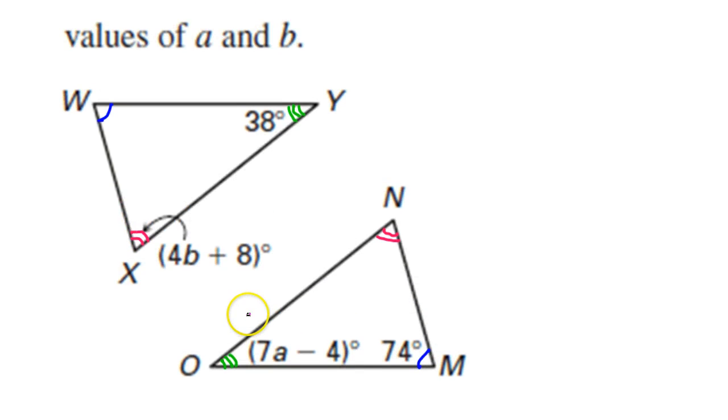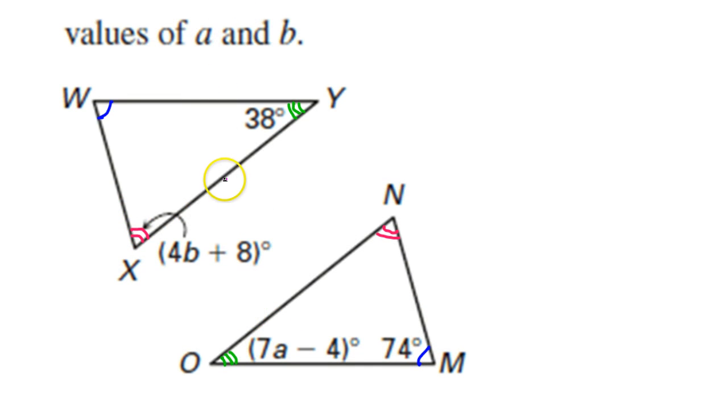So for example, if I want to find the values of A and B, these two green angles are going to be congruent. So that means 7A minus 4, this green angle, should equal 38, the other green angle. So we'll just solve this. Add 4 to both sides.